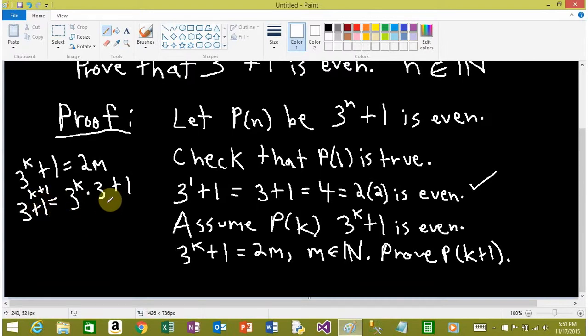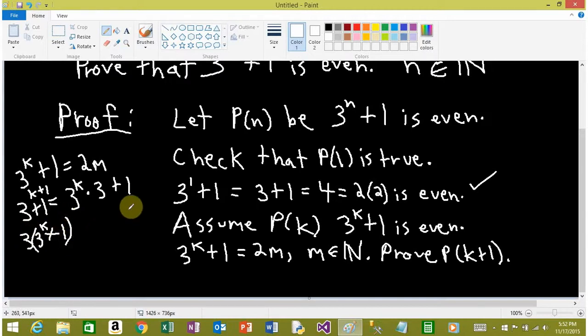And we need to basically find something where we can get 3 to the k plus 1. We know if we factor out a 3, we can get 3 to the k, but we also need a plus 1 to get 3 to the k plus 1.